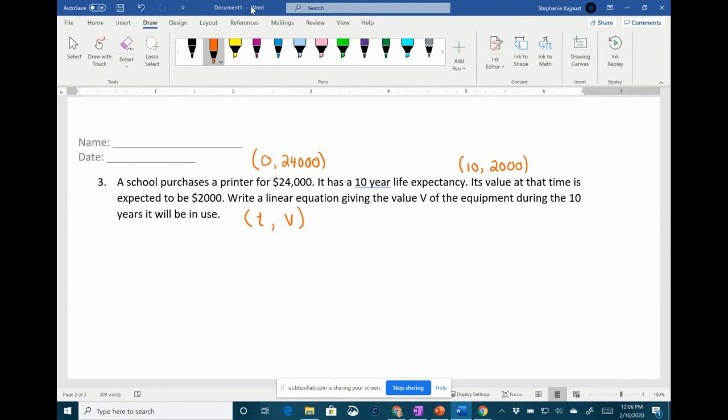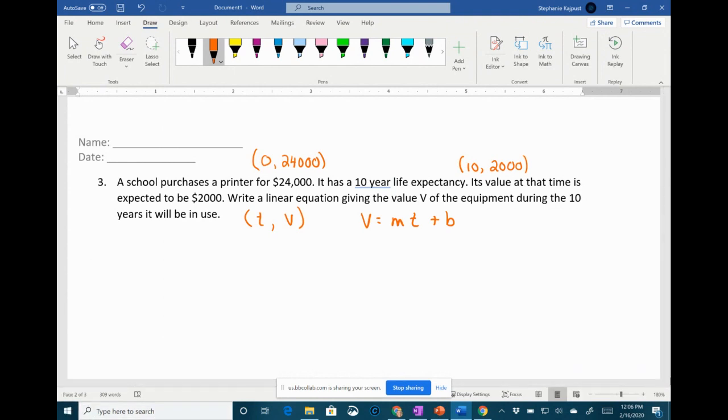So with the value v, this is going to be v equals mt plus b, because we don't know the slope, and then we've got the y-intercept, which is $24,000. And so then you would need to find the slope in order to get your full equation.